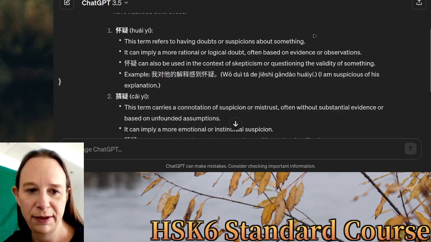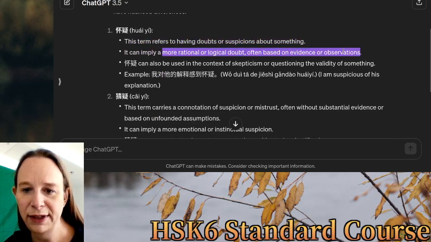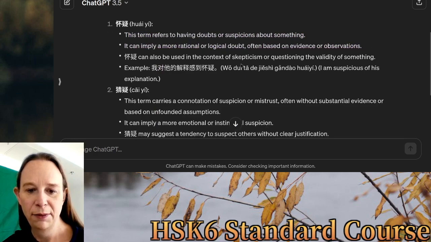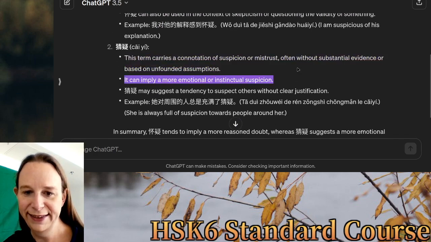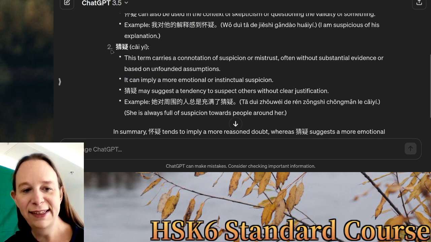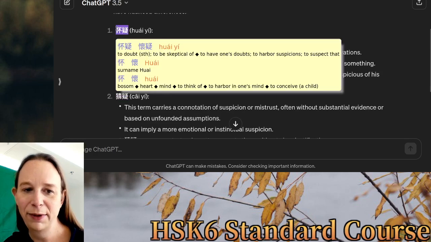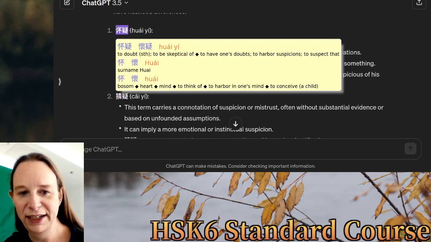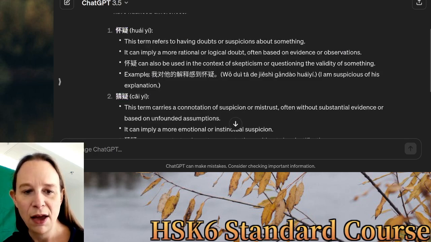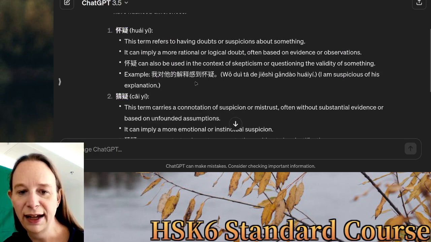Okay, a more rational or logical doubt. Whereas this is more hunches, I guess. All right, fair enough. Oh, the 猜 means guessing, right? So it's unevidenced suspicion, whereas this is just suspicion in general. Okay, that makes sense. 我对他的解释感到怀疑.